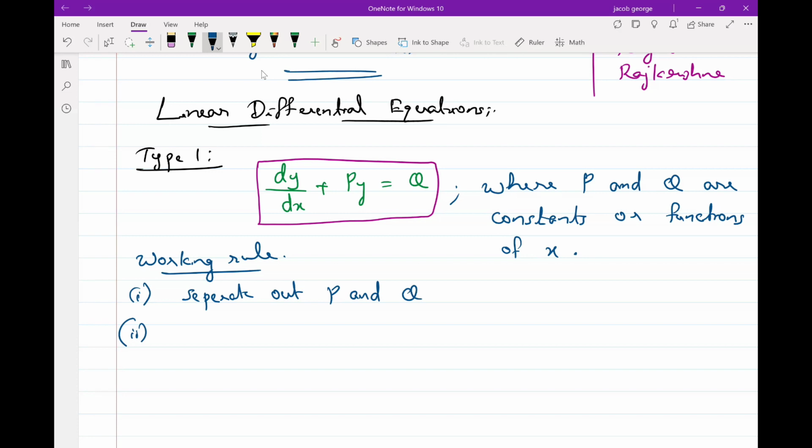Second step, we should find an integrating factor, because we solve all differential equations by integration. But this differential equation, in this form, cannot be integrated. There is a factor called the integrating factor. The role of the integrating factor is the same as the role of a catalyst in a chemical reaction.